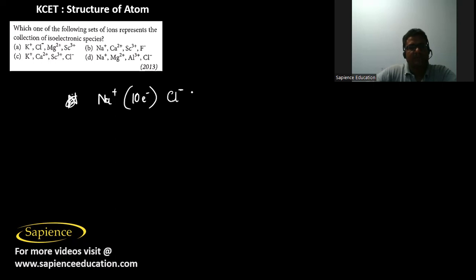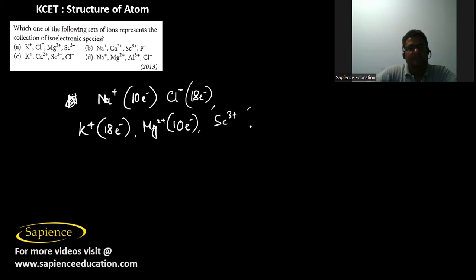Then Cl minus will have 18 electrons, and K plus will also have 18 electrons, and Mg2 plus will have 10 electrons. Then Sc3 plus will also have 18 electrons, and Ca2 plus also will have 18 electrons, since it will attain the electronic configuration of argon.